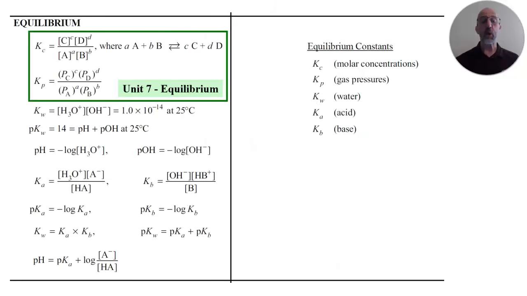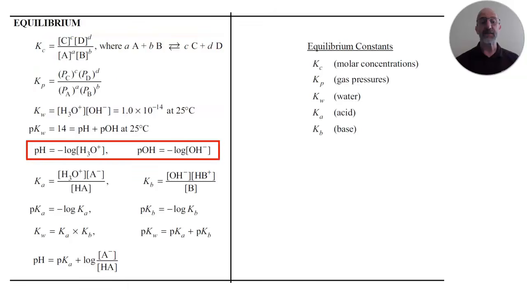The first 2 equations listed in this section were included in Unit 7, Equilibrium, but all of the rest of the equations in this section refer to Unit 8, Acids and Bases. So there is the definition of pH. It is equal to the negative log of the concentration of the hydronium ion. And then the definition of pOH is the negative log of the concentration of the hydroxide ion.